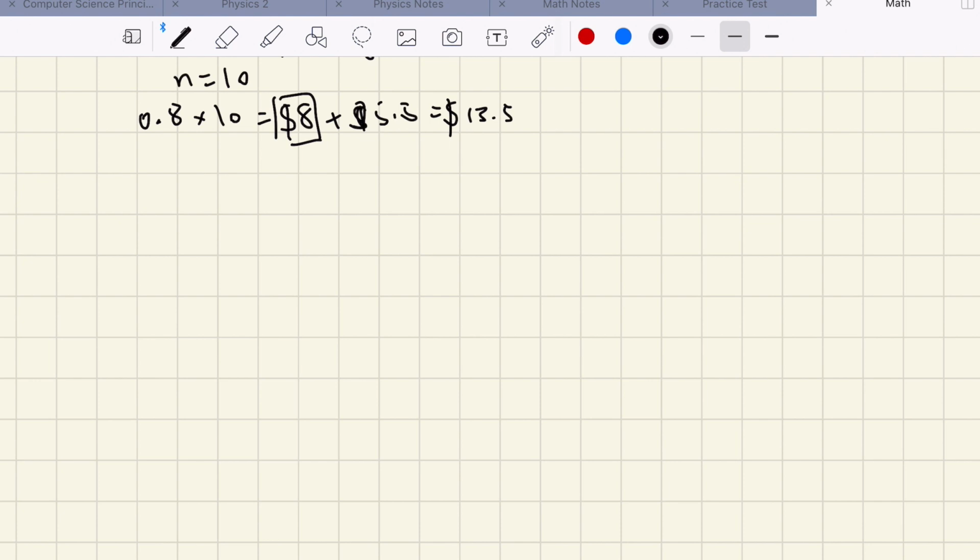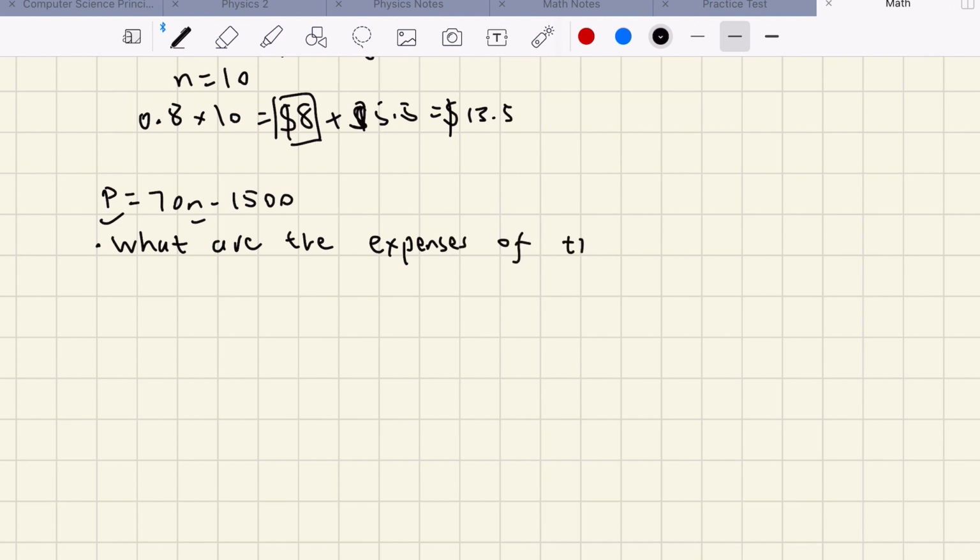Let's try another problem. A charity organization is having a fundraiser, and P equals 70n minus 1500, where P represents the fundraiser's profit if n tickets are sold, and a negative profit means the expenses exceeded the income from tickets. So what are the expenses of the fundraiser? You can pause this video to do it on your own.